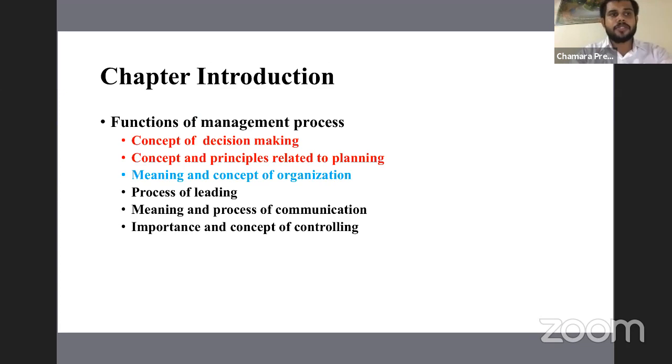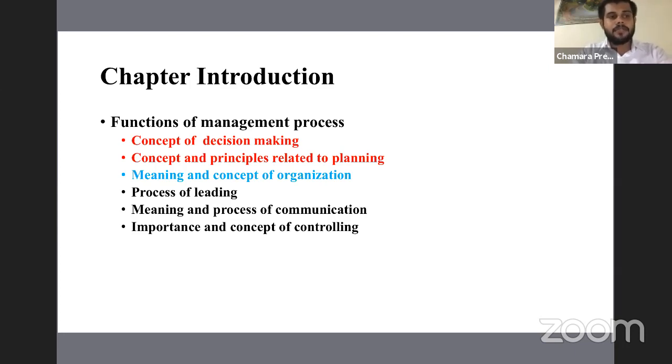So, functions of management. We started off with the concept of decision making. Decision making is a part of management functions. In order for us to implement planning, organizing, leading, and controlling, we need decision making as well. Apart from that, another important aspect we need to highlight here is communication.